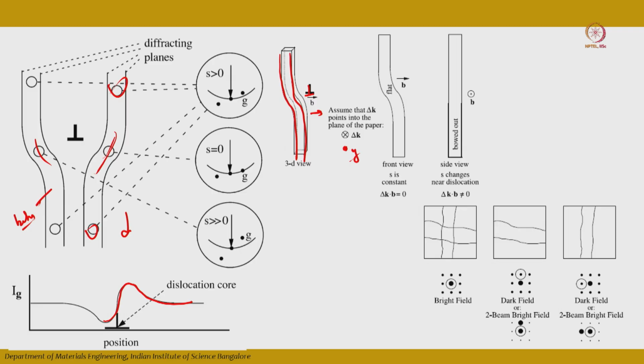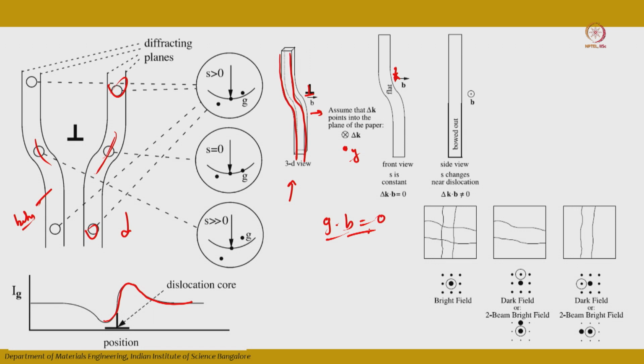Now if you see the front view, your G vector is into the plane, so your G dot B is equal to 0.